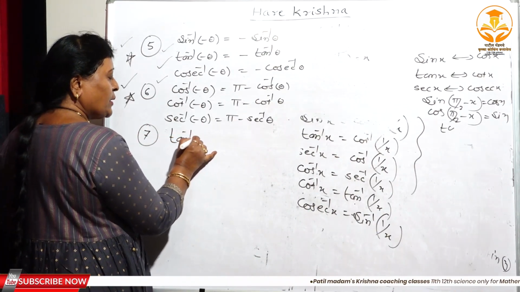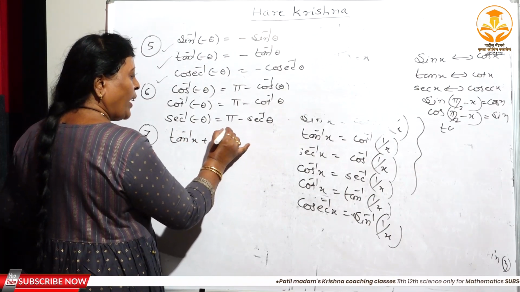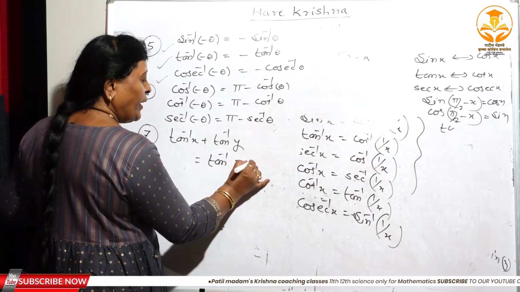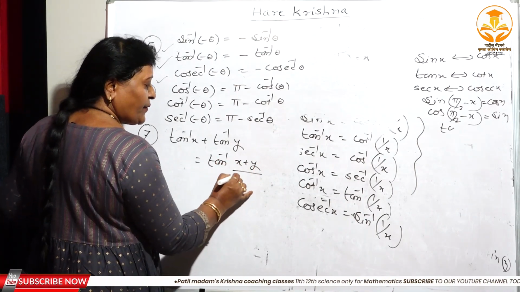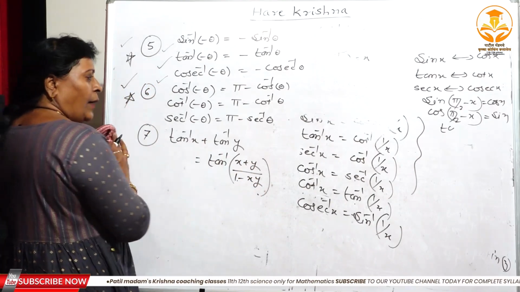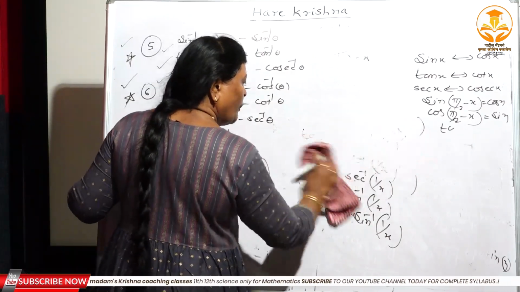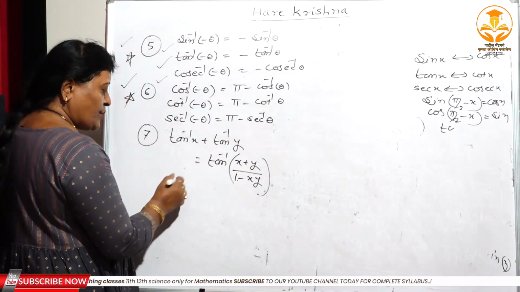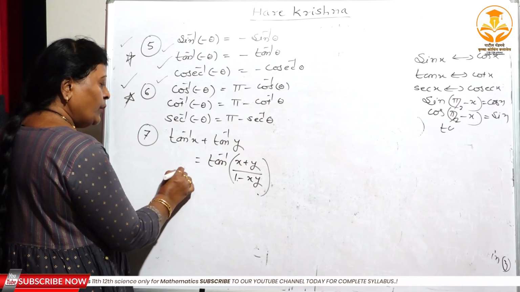Tan inverse of x plus tan inverse of y, it is equal to tan inverse of the formula, very, very important formula, that is x plus y divided by 1 minus xy. Again, I am not going to write the range and domain of this function where x lies and y lies. You get confused yourself. Therefore, I will give only the formula.